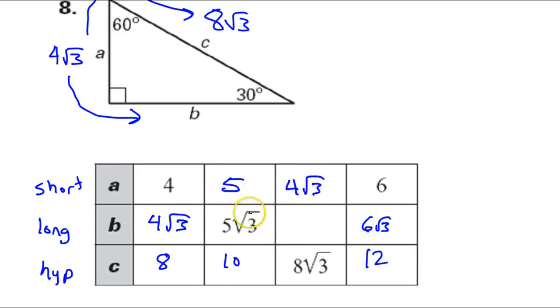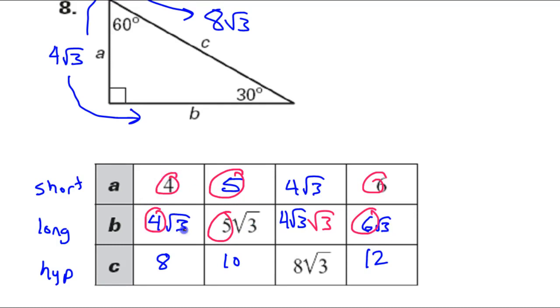But looking back at the pattern, we should be able to get the long leg by starting with the short leg and then multiplying it by radical 3. It doesn't matter that there's already a radical 3 in it. When we have 5 as a short leg, the long leg was 5 radical 3. 6, 6 radical 3. 4, 4 radical 3.